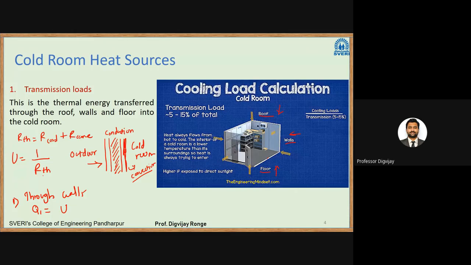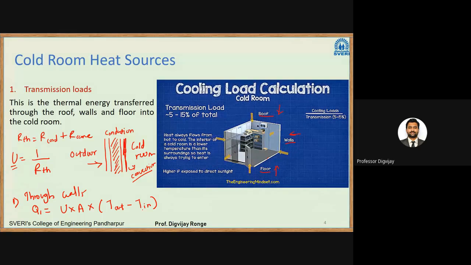Okay, so this is how we calculate the overall heat transfer coefficient. So this is U into area, into delta T. Delta T will be T outdoor minus T indoor. This will give you the value in kilowatt.